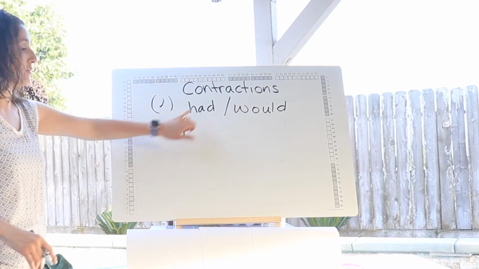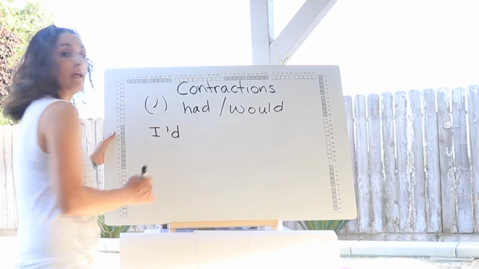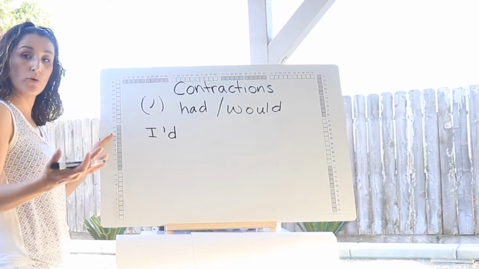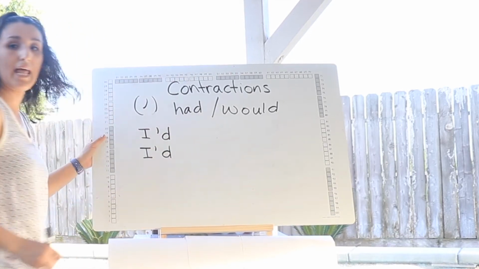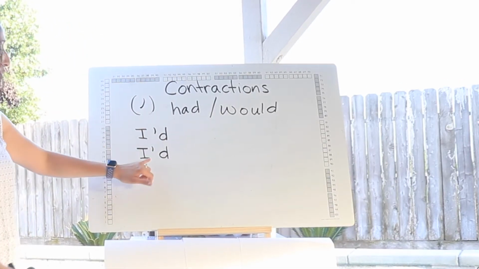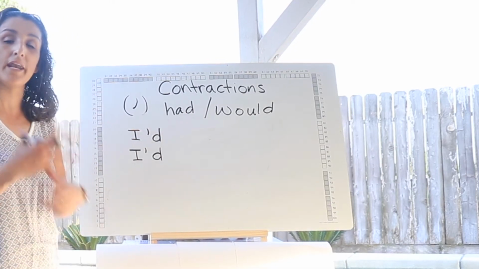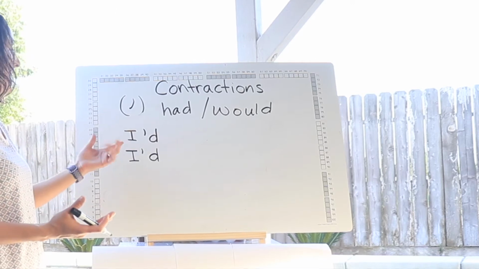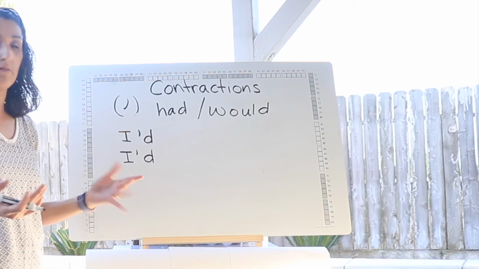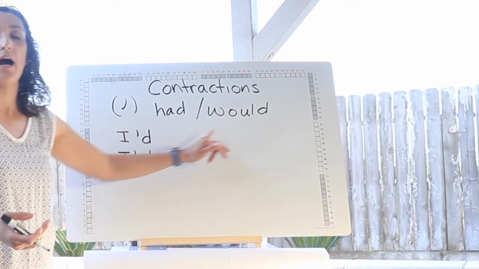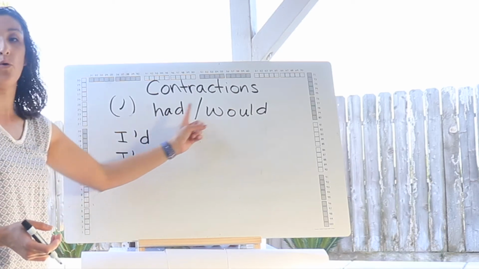So had turns into apostrophe D, or it could also be, I would like to go to the store tomorrow. You can say again, I'd like to go to the store tomorrow. So you would know which one to use, had or would, depending on how you are using it. So you wouldn't say, I had like to go to the store tomorrow. You wouldn't say had, you would say I would. So again, apostrophe D replaces had or would.